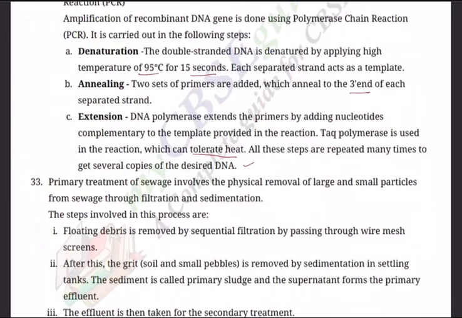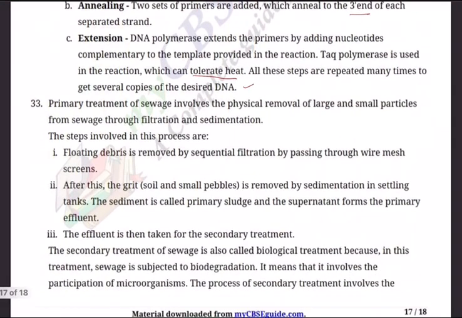We come to the last question. Explain the process of sewage water treatment before it can be discharged into natural water bodies. Why is this treatment essential? Primary treatment of sewage involves the physical removal of large and small particles from sewage through filtration and sedimentation.